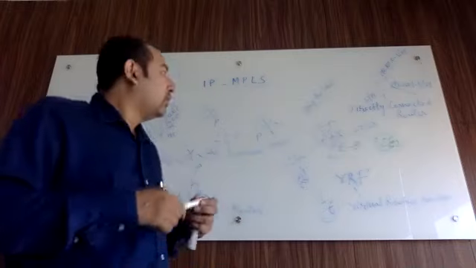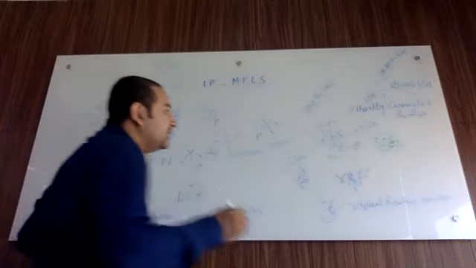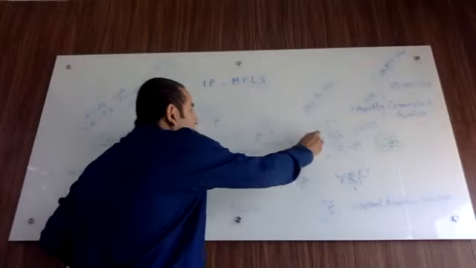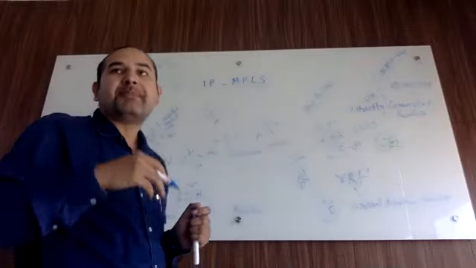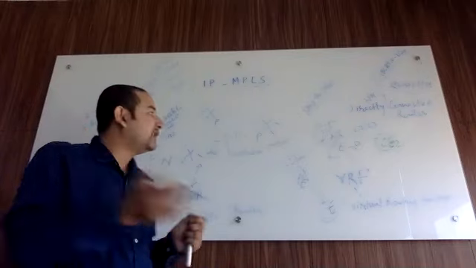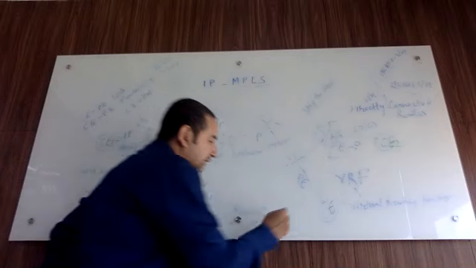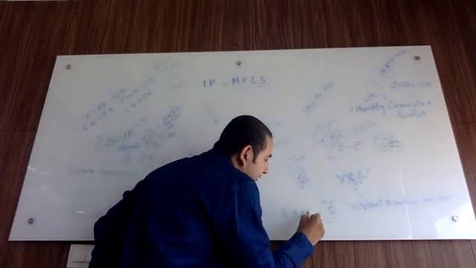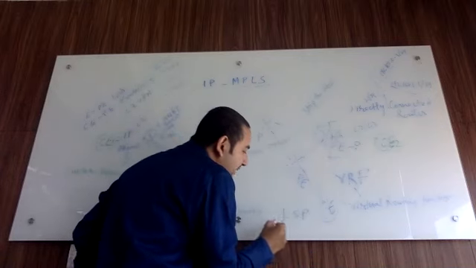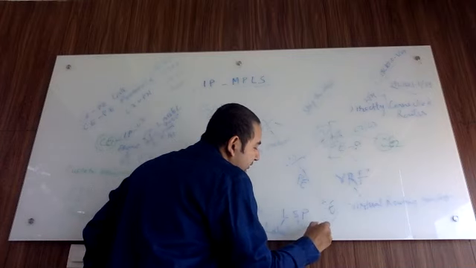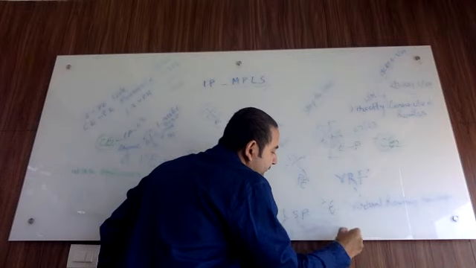From each PE to each PE, there is a path formed based on the labels, and that path is called LSP, label switch path.